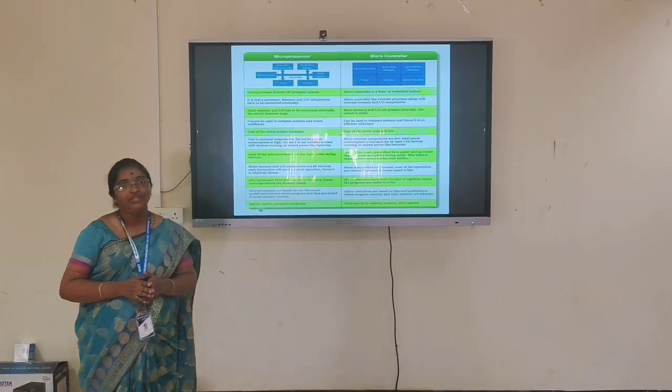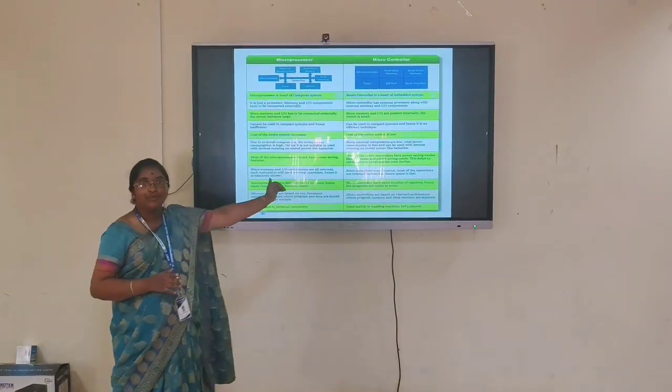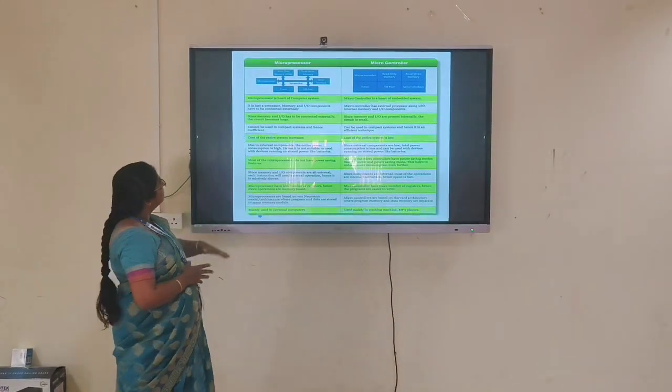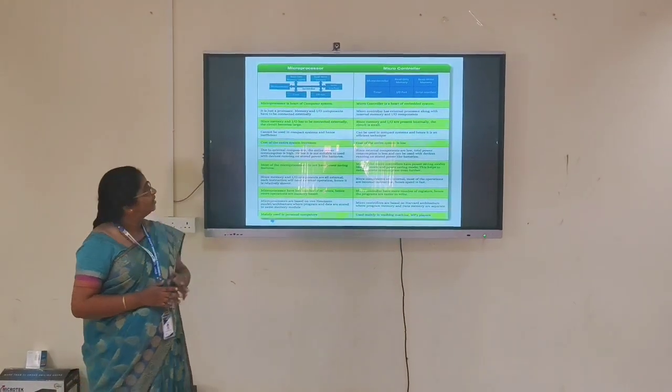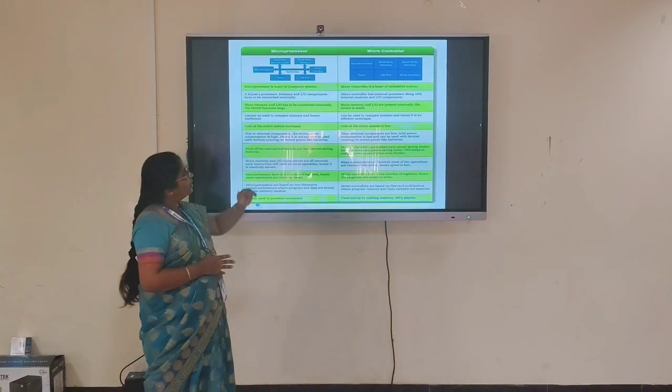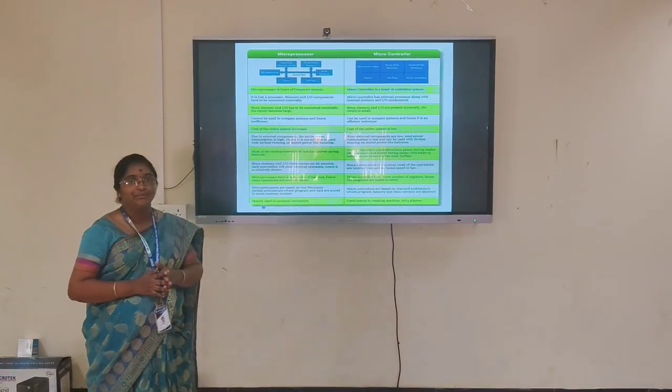Now we discuss the difference between the microprocessor and the microcontroller. The microprocessor is the heart of the computer system, and the microcontroller is the heart of the embedded system.